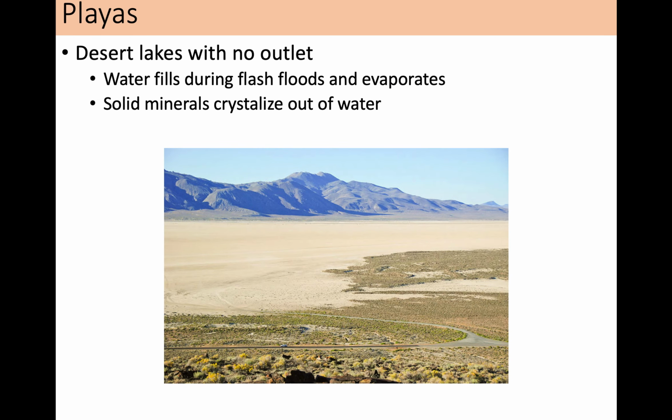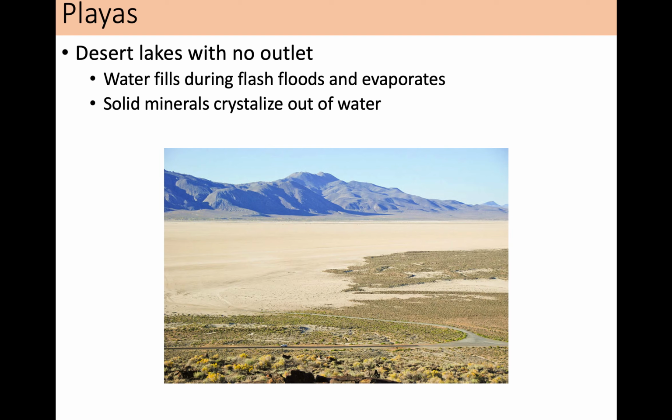Playas. Playas are very cool. They are actually desert lakes that have no outlet. It's a lake that fills during a flooding event, but there's nowhere for the water to go, so it accumulates there and then over time evaporates. It's so hot that the water stops flowing in and the whole lake evaporates, which means all of the solid minerals that were in the water crystallize out.